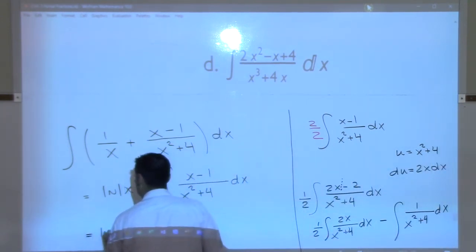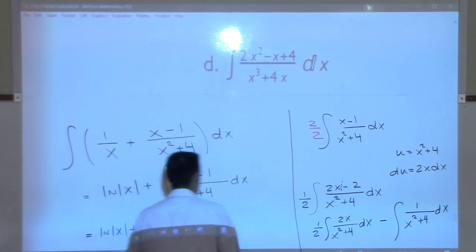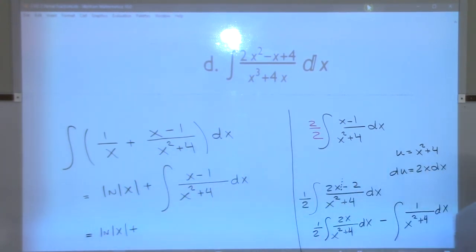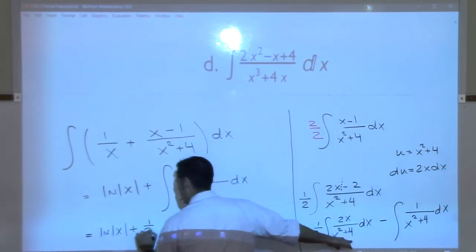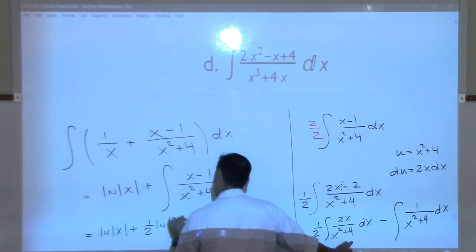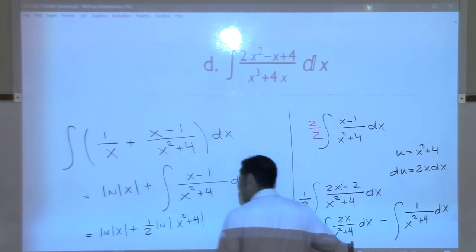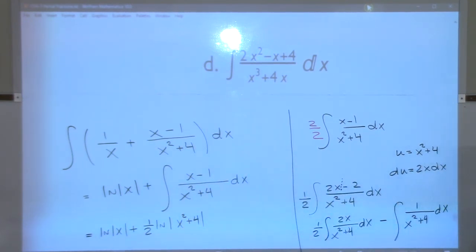Natural log x plus, oh, Marissa, you're up. So antiderivative of this one, Marissa? 1/2 natural log x squared plus 4. Do we have to have the absolute value there, Marissa?